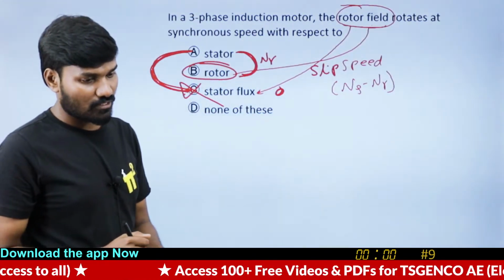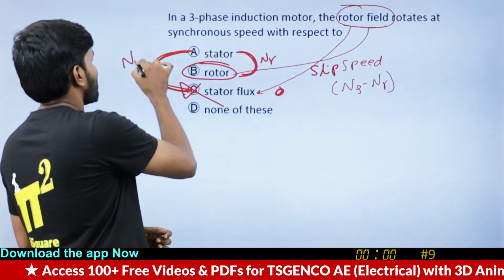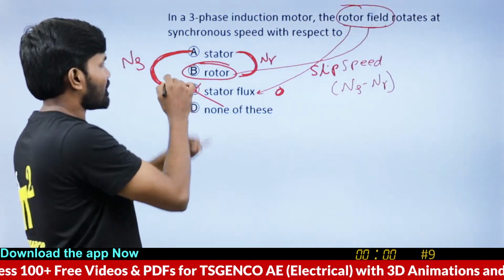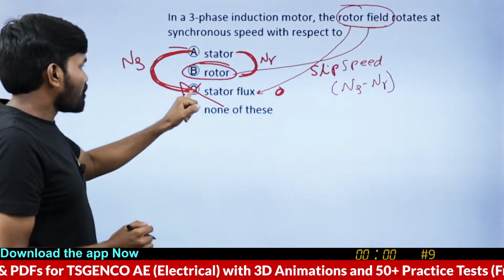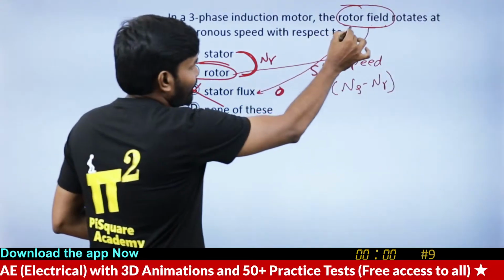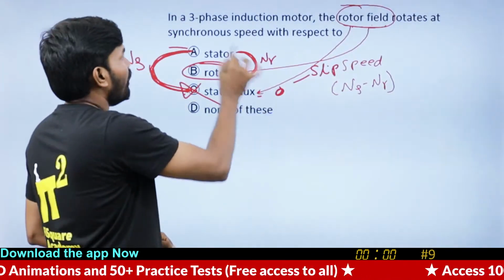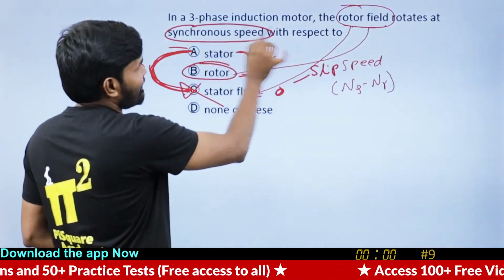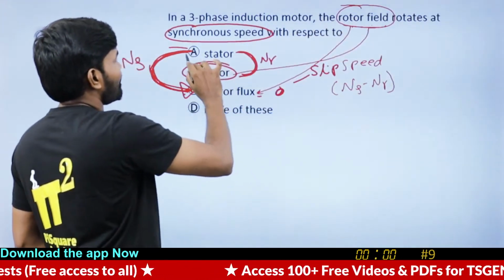Sir, can you please explain the concept again? Yeah, we'll come to that. So this is ns speed. So now this speed difference is ns. This speed difference is 0. Now he's asking about this, with respect to ns what? Means the answer is A simply.